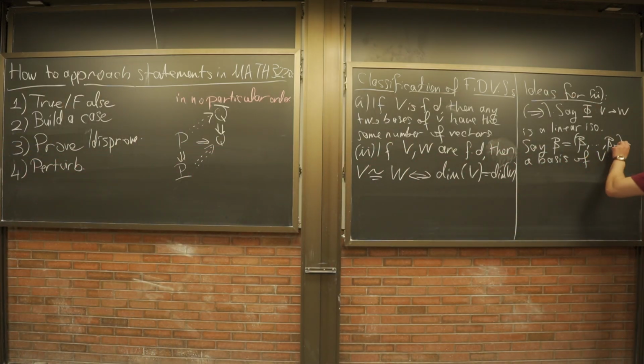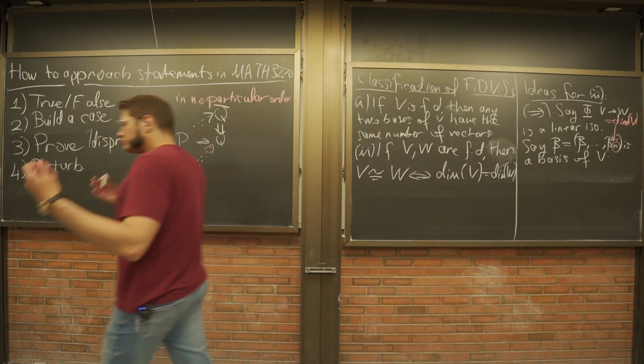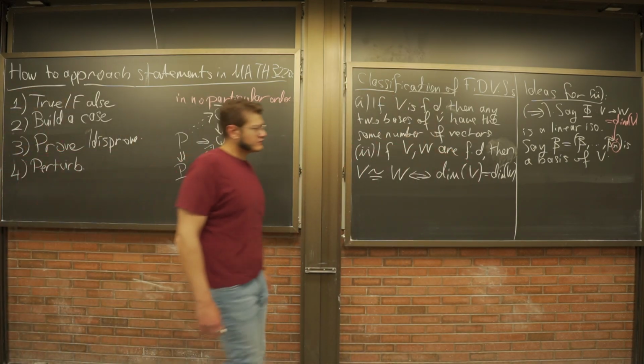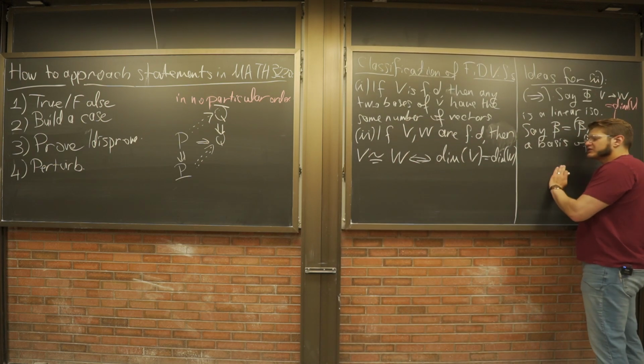So let me remind you, this n is the dimension of V. Well, what you can do is you can push this basis of V to W using phi. So this I'm going to leave to you.